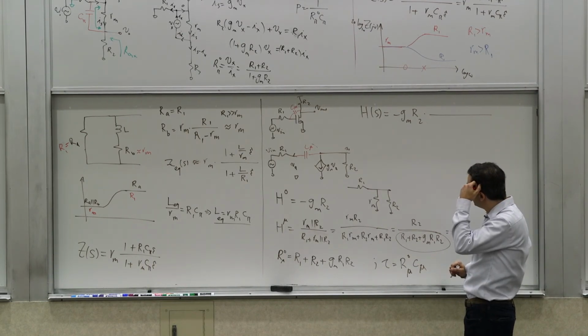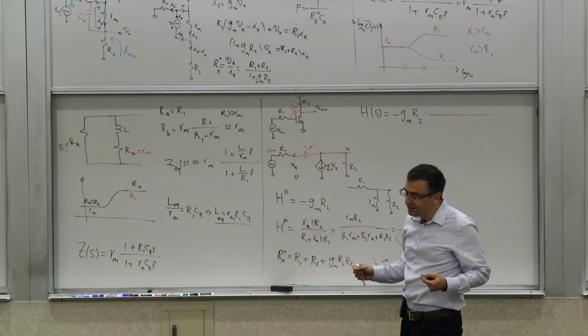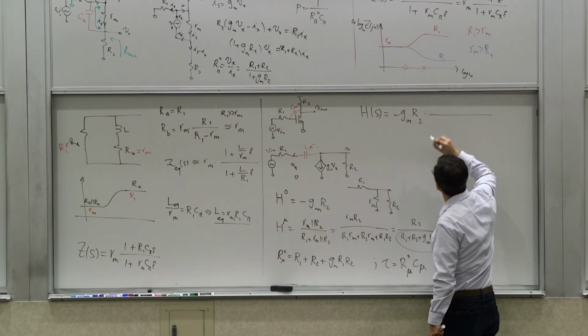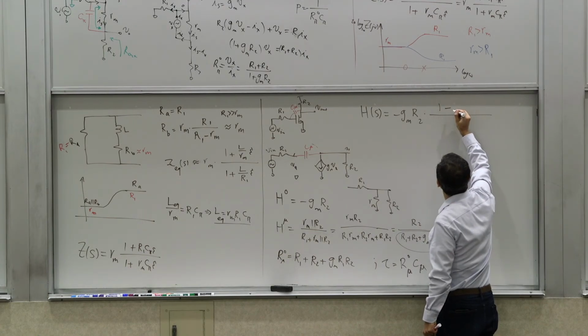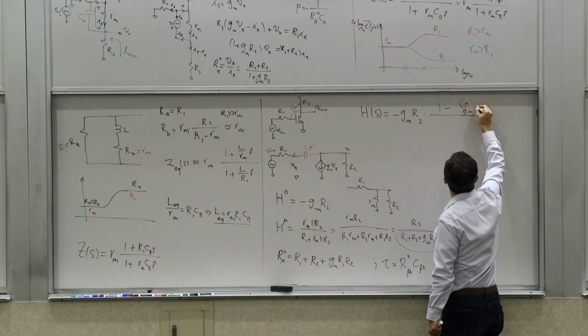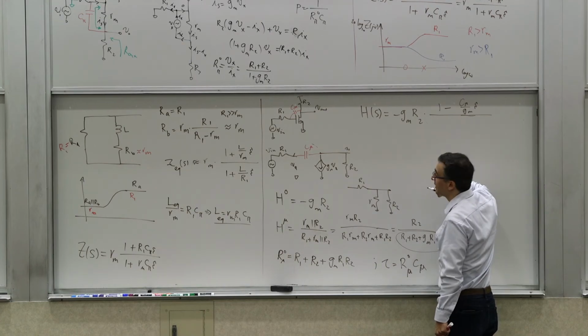If you factor the R2 and the gm, you end up with negative C mu over gm, I'm sorry, times s, in the numerator.